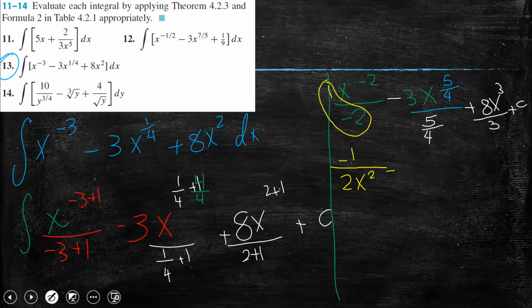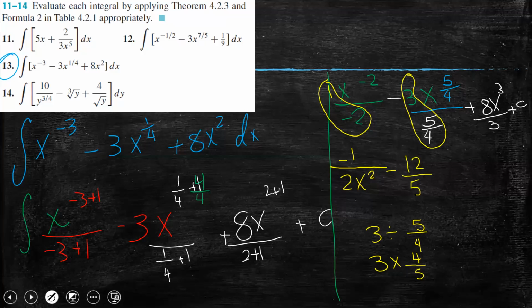Then here, minus 3 over 5 over 4, like I did here: 3 divided by 5 over 4. It's like 3 times the reciprocal, which is 4 over 5. So it's 12 over 5, then the fourth root of x to the power 5, plus 8 over 3 x cubed, plus c.